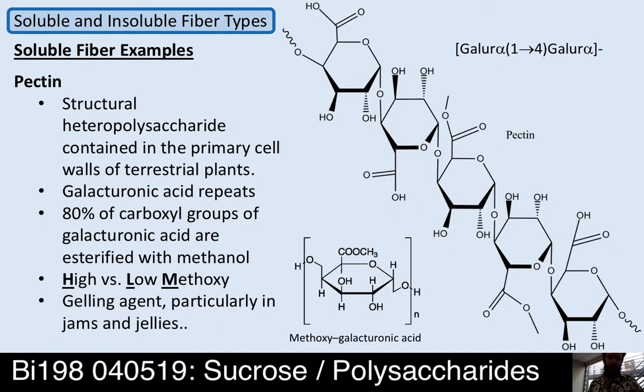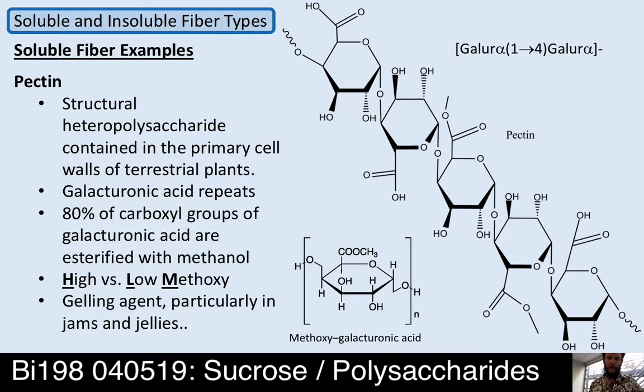Other examples of soluble fiber. So this is related to, but not the same as amylopectin. This is pectin. So pectin is a structural polysaccharide that is particularly highly concentrated in the skins of various fruits. Yeah, it's in the cell wall of a lot of terrestrial plants.